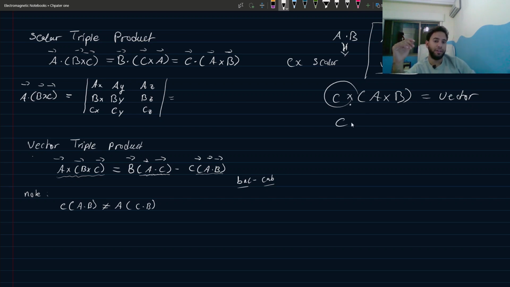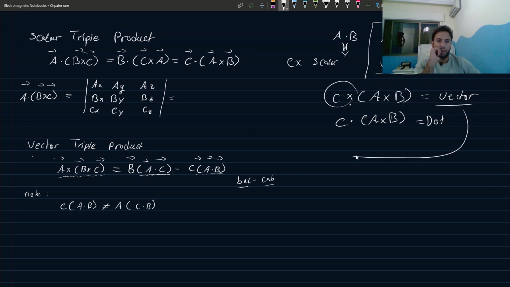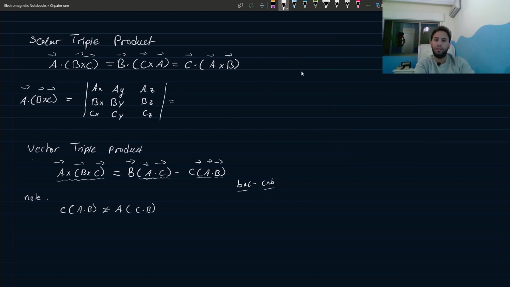And if the final product is a dot product, then the final answer will be a scalar. Thus, this is called vector triple product, and this is called scalar triple product.